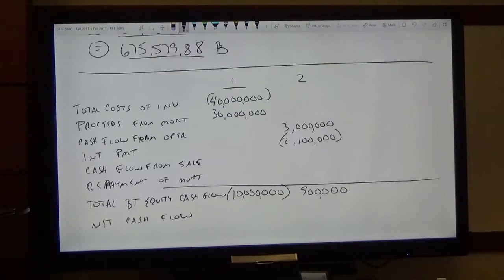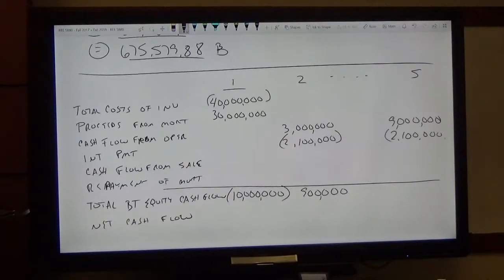Okay. Then we skip forward to year 5. Yes, we have 9 million, 2.1 million, 83 million.